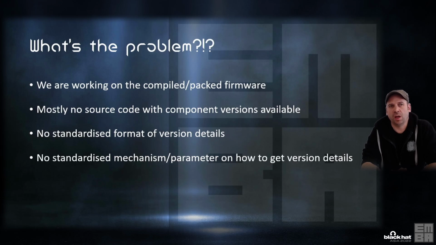Additionally, the different software components have different software version strings. So at the end, every version string looks a little bit different. So you need to have a quite huge database in the background, which includes all of these different software version strings. And additionally, there is no standardized mechanism or parameter available to query this version information.